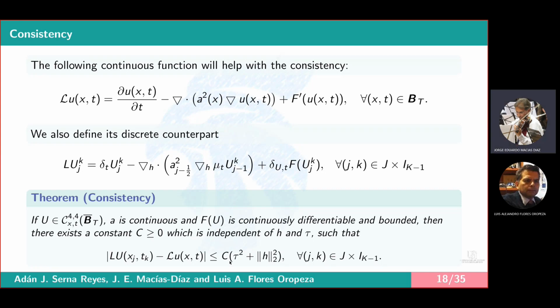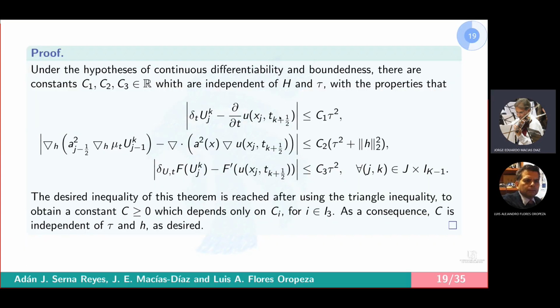So this states that the finite difference scheme is quadratically consistent, and the proof is done by using Taylor's theorem and the triangle inequality.